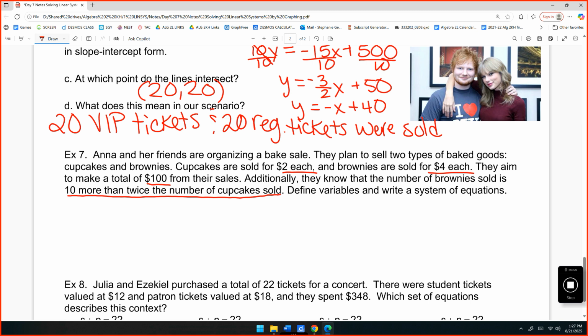Okay, so we were not given the variables to use, so we get to choose them, but we have to define them. So, what are we trying to figure out? How many of each, right? So, let C equal the number of cupcakes.